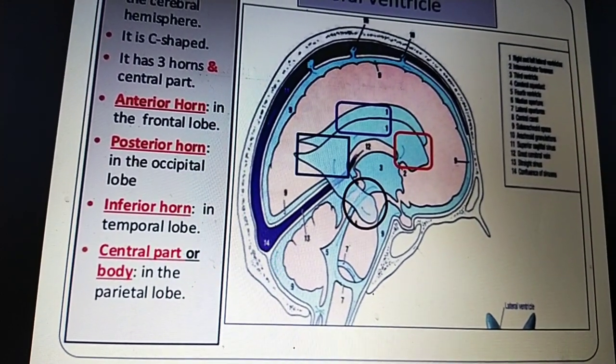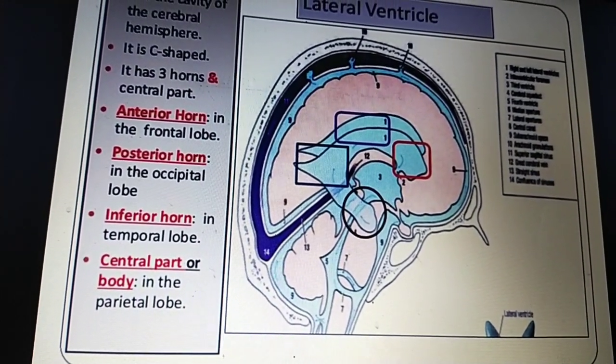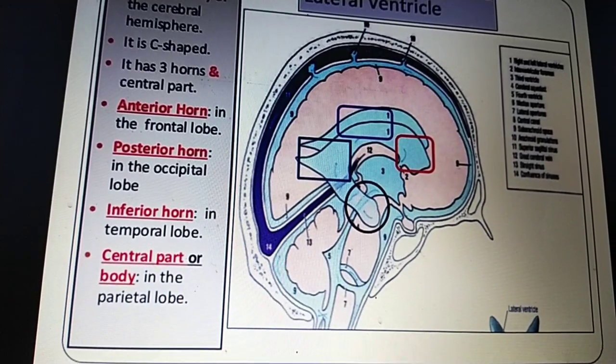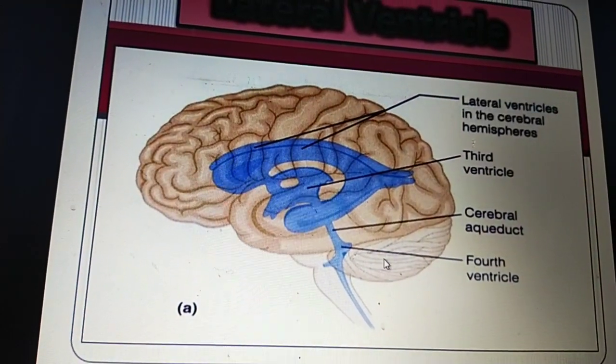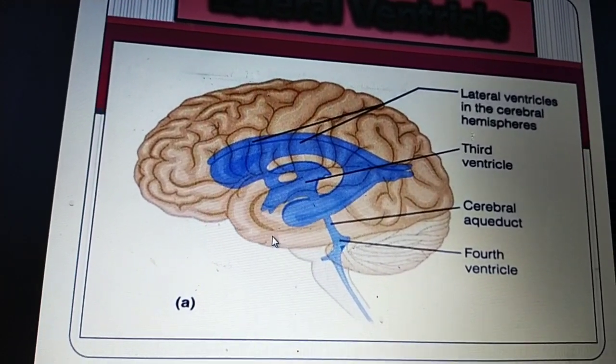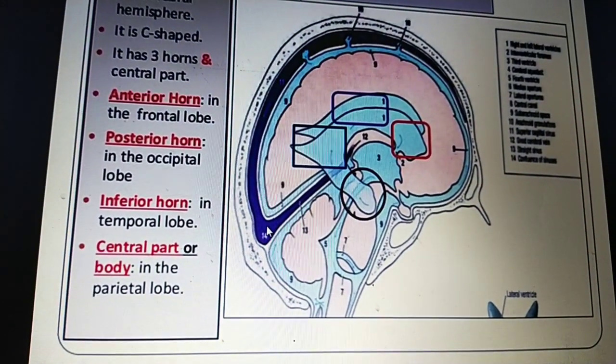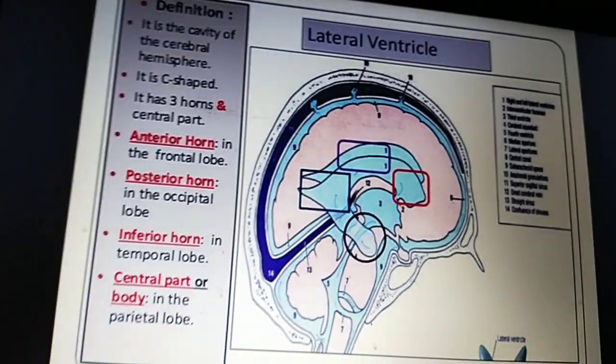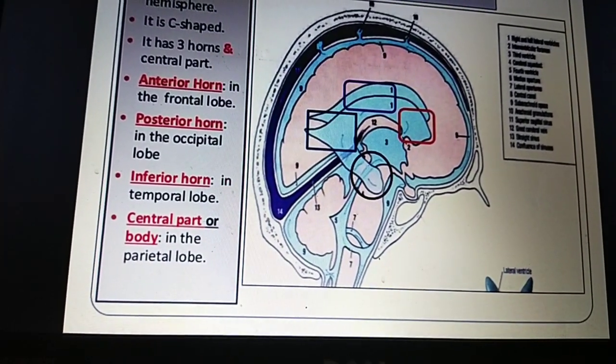You can go to the lateral ventricles. Definition: it is the cavity of the cerebral hemisphere. It is C-shaped. You can see here how it is C-shaped. It has three horns and a central part.